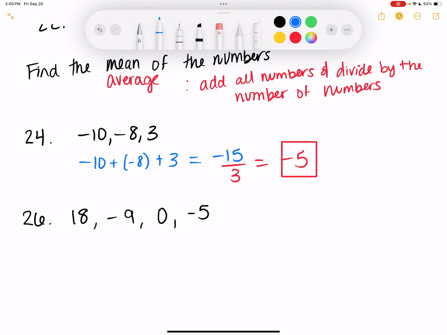So I need to add up all the numbers: 26 plus 18 plus negative 9 plus 0 plus negative 5. What do I get when I add them all together? Then what do I divide by? 5. Thought I was going to trick you guys.